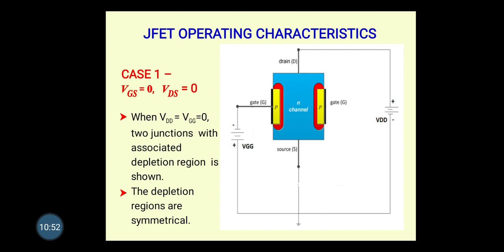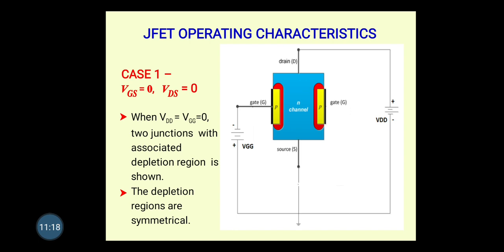If both the input voltages are 0, VDD is 0 and VGG is equal to 0, as you can see, whenever N type and P type are connected, a depletion layer is formed. That red color you can see are the depletion regions, and the depletion regions are symmetrical, and the space between these two depletion regions is called the channel, and it is an N channel now.